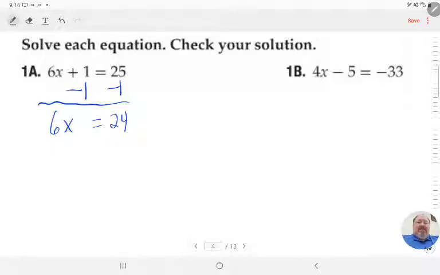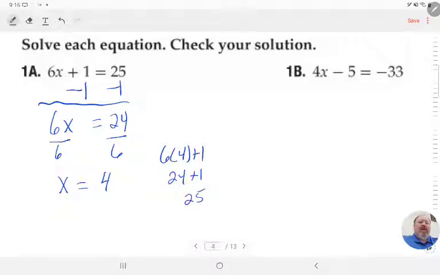Now 6x is multiplication, so I divide both sides by 6, and x equals 4. To check that would be 6 times 4 plus 1. This would be 24 plus 1, or 25, and that checks. Okay? Now you try 1b and then come back and see how you did.